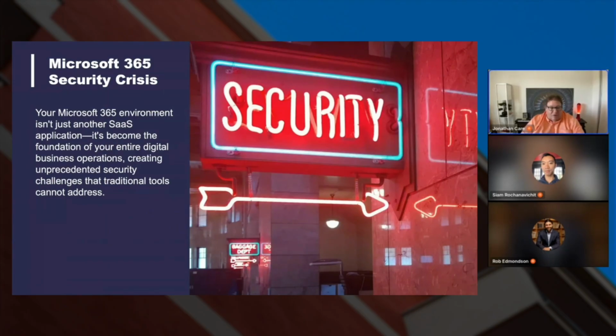This deep integration, the digital nervous system, as Bill Gates once called it, at the heart of our business, creates unprecedented security challenges. Our traditional security tools, which are primarily thinking about network perimeters or endpoint protection, frankly fall short when you are trying to secure a cloud-first environment.